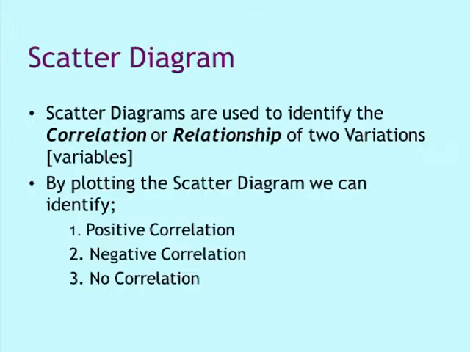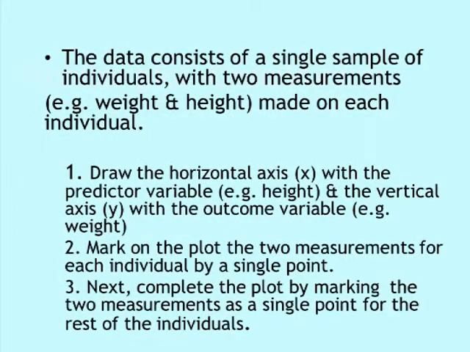By plotting the scatter diagram, we can identify either a positive correlation, a negative correlation, or no correlation at all. In the scatter diagram, we need to remember that we can have only variables measured on a ratio scale. So let's look at an example here.